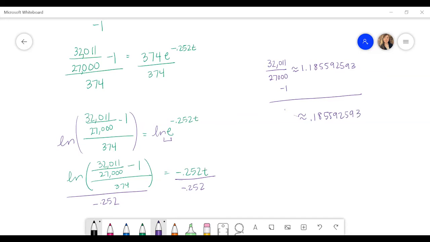And then I'm going to divide that by 374. So that part's done, that part's done. Divided by 374, except I wrote 370. Approximately 4.962368786 times 10 to the negative 4.